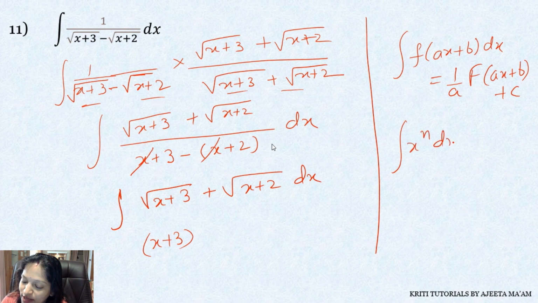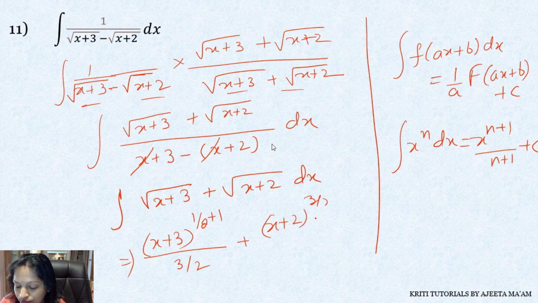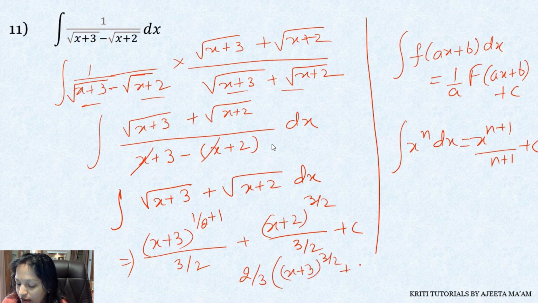X raised to n dx is x raised to n plus 1 upon n plus 1 plus c. So x raised to 3 by 2, here also 3 by 2 will come. Because again here a is 1 only. So here 3 by 2 plus c. So 2 by 3 you can take common, and in bracket I get x plus 3 raised to 3 by 2 and x plus 2 raised to 3 by 2.